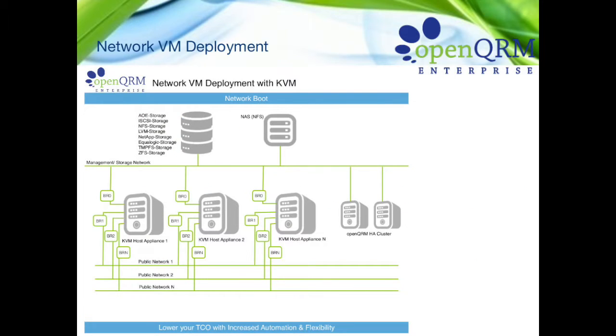Okay, let's look at it a little bit more visually, how, for example, a network deployment environment looks for KVM. There is any type of storage on the upper left. It can be NAS-based or block-based, like iSCSI storage or AoE storage.